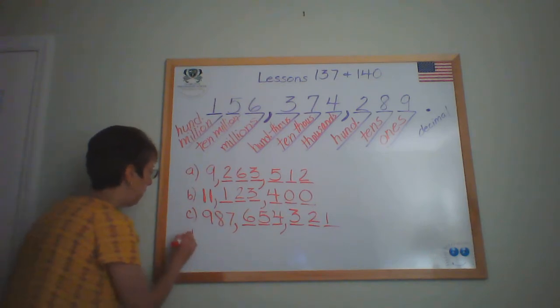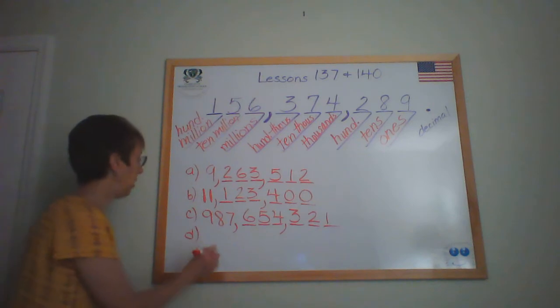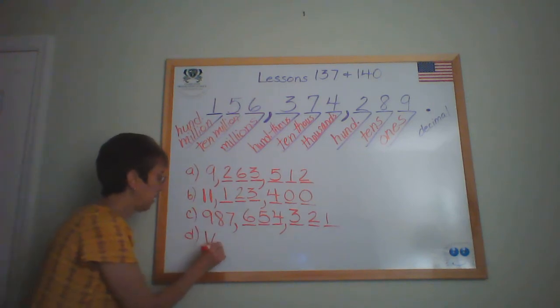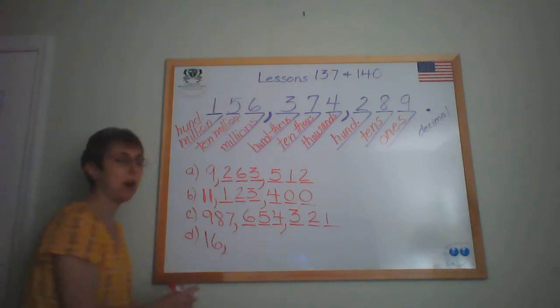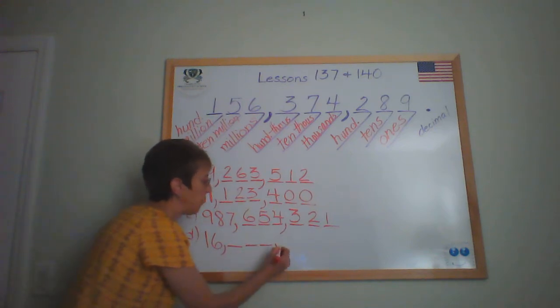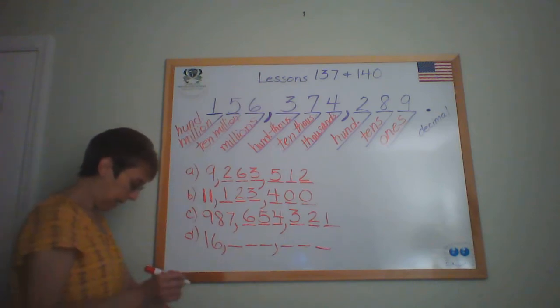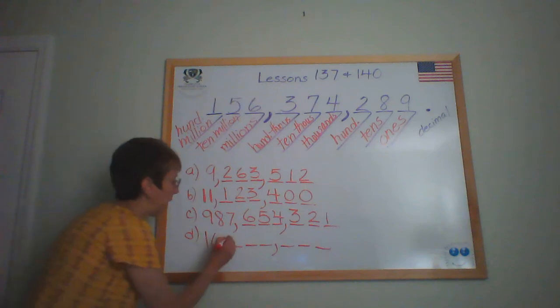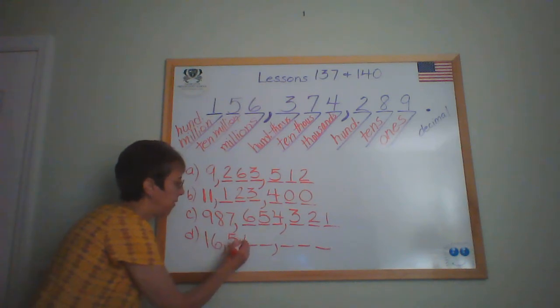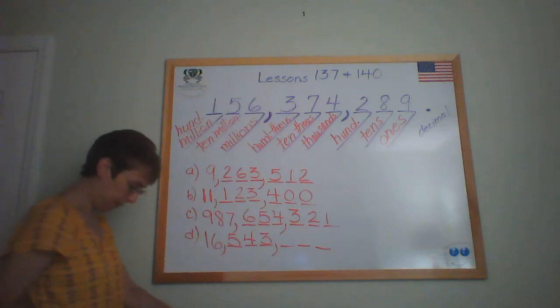D is 16 million. 16, comma, because that first comma is million. 1, 2, 3 places, comma for thousands. 1, 2, 3. So it's now 16,543,543, and there's the comma for 1,000.